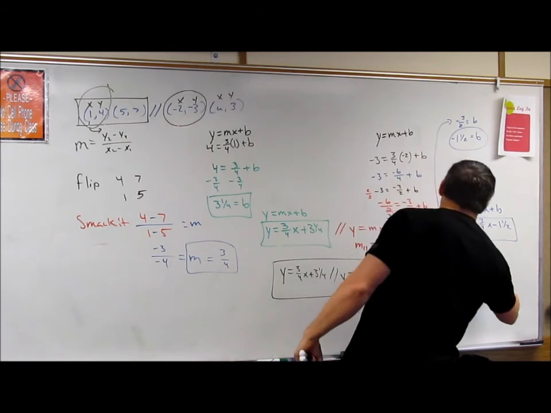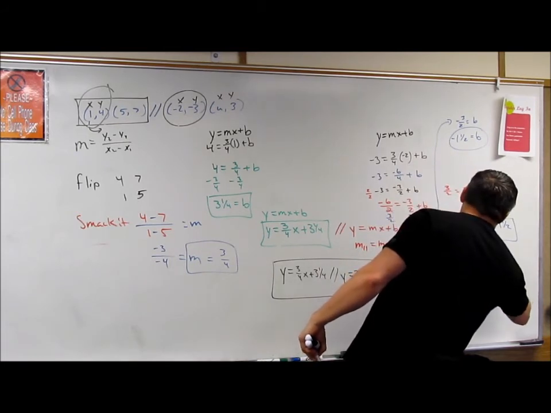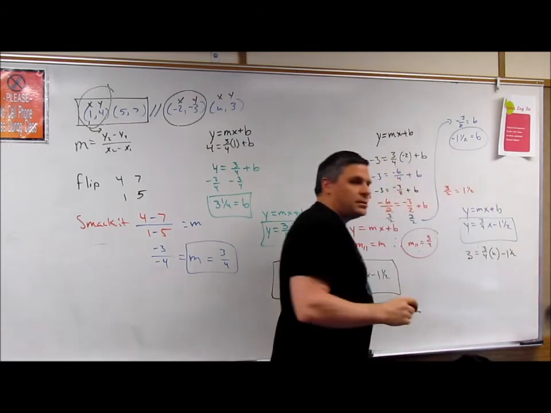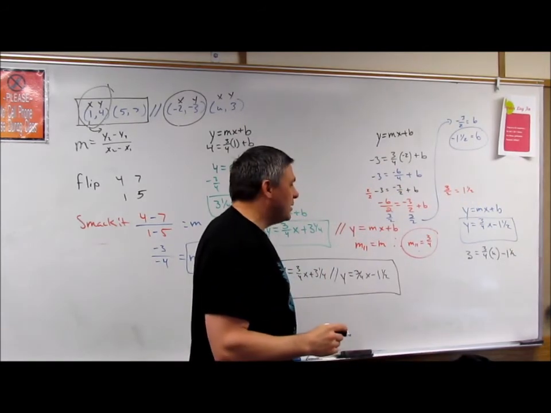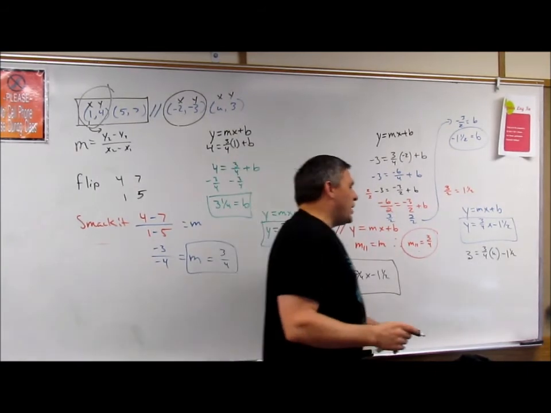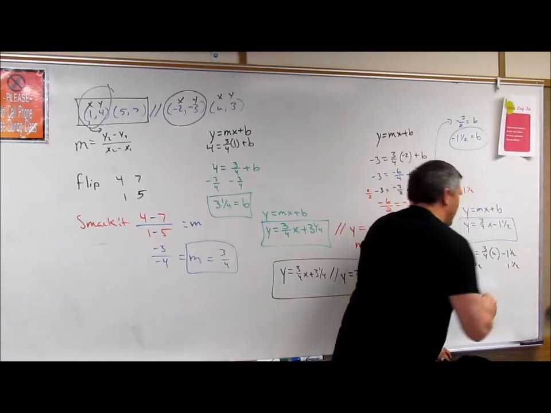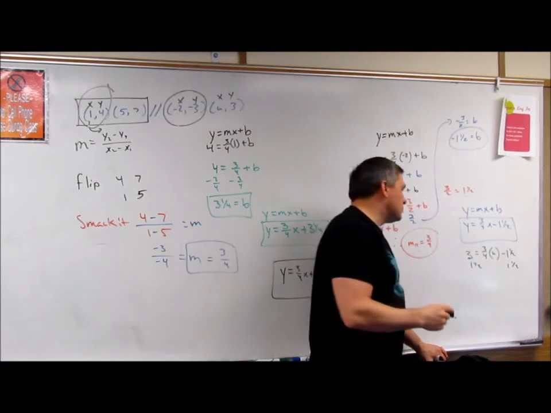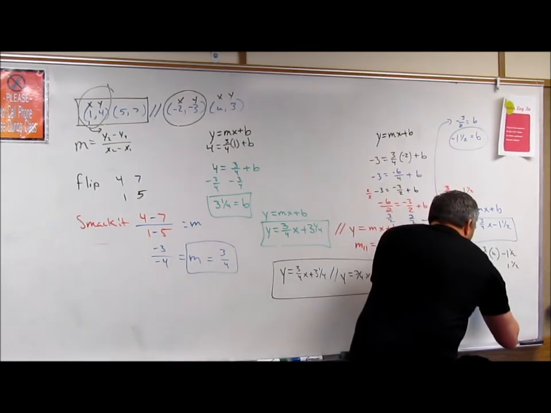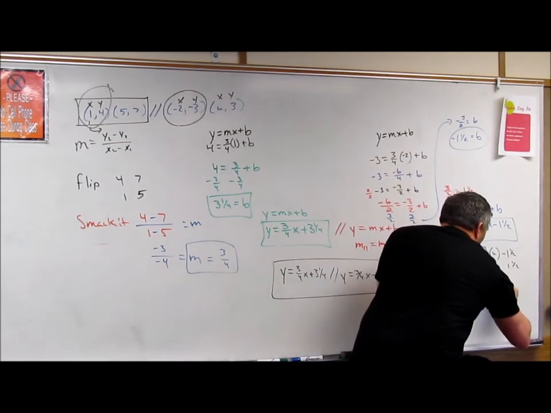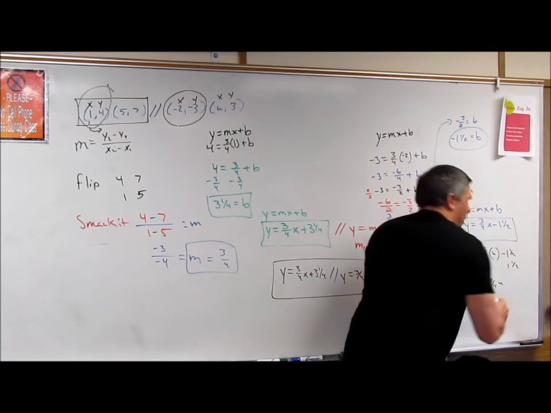So I have 3 equals 3/4 times u minus 1 1/2. Okay? So when I add 1 1/2 to both sides, right? So first I add 1 1/2. What do I get? 4 1/2 equals 3/4 u.